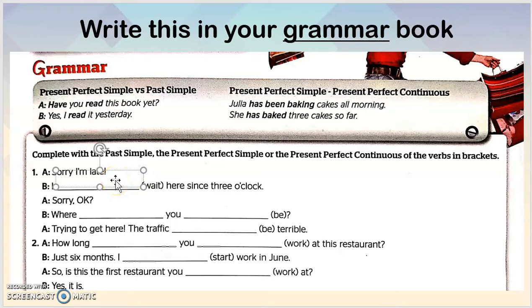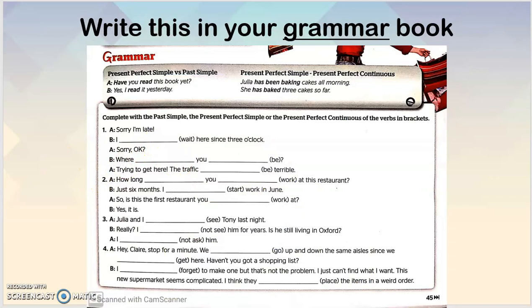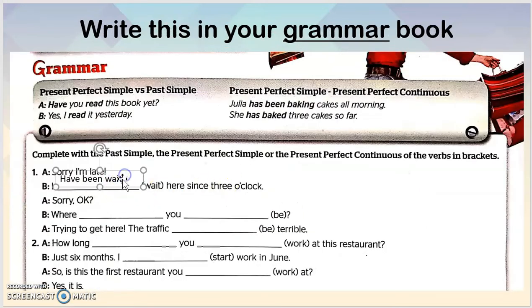Been. Wait is the root word. How do you make wait into continuous? You plus ing, so it becomes waiting. So I have been waiting here since 3 o'clock.